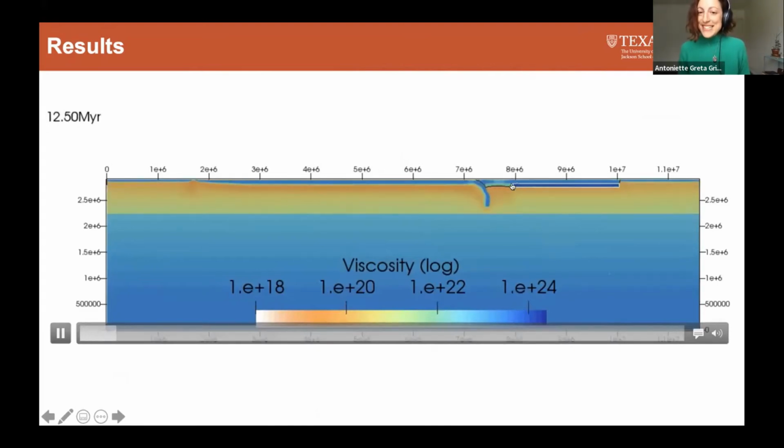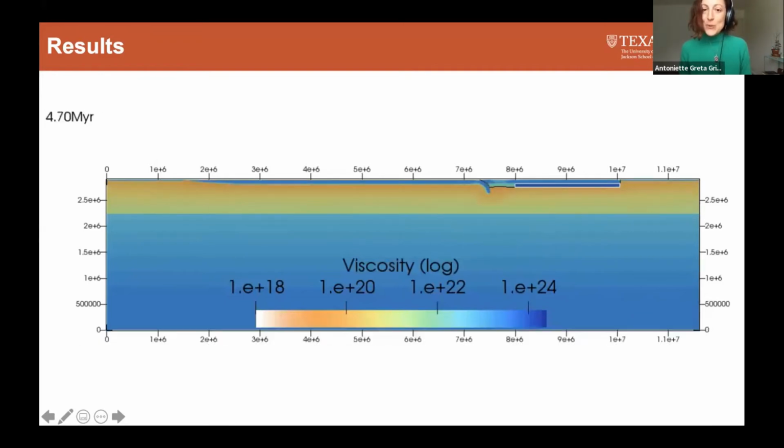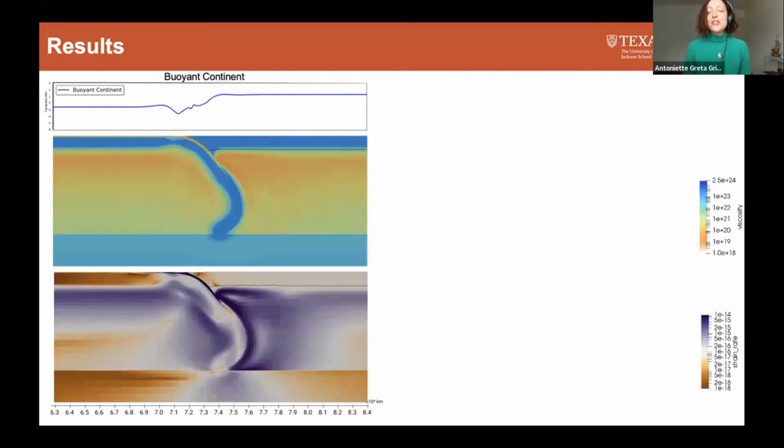But what is really interesting is what's happening in this zone of our model. So let's zoom in a little bit and try to figure out what's going on. What I'm showing you here on the left is the topography, the viscosity, and the strain rate of an extremely boring continental overriding plate. There's no heterogeneity in here, and the continent is the same throughout.